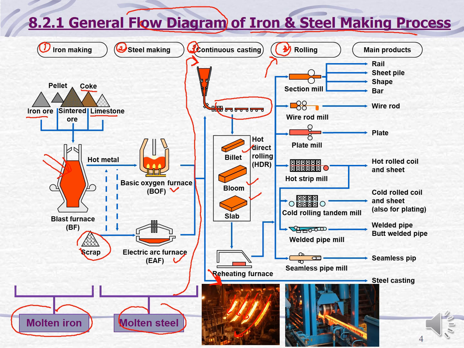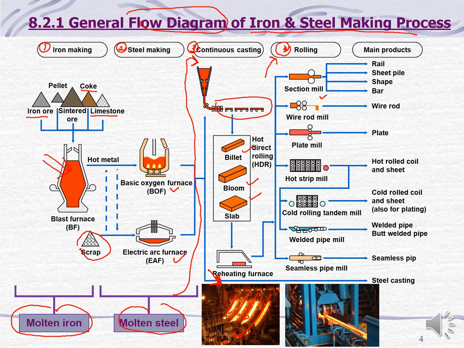In the rolling process, the semi-finished product of steel will go through several processes. The section mill produces rail, sheet pile, and shape bar.